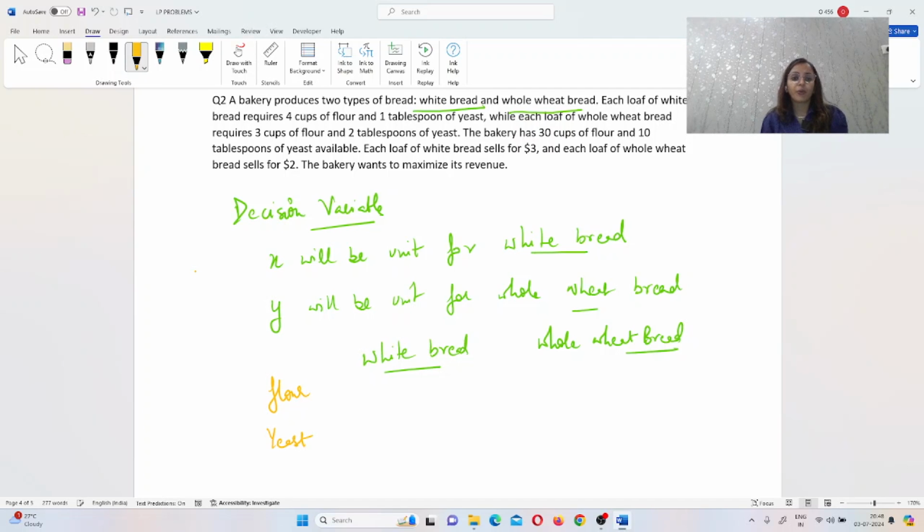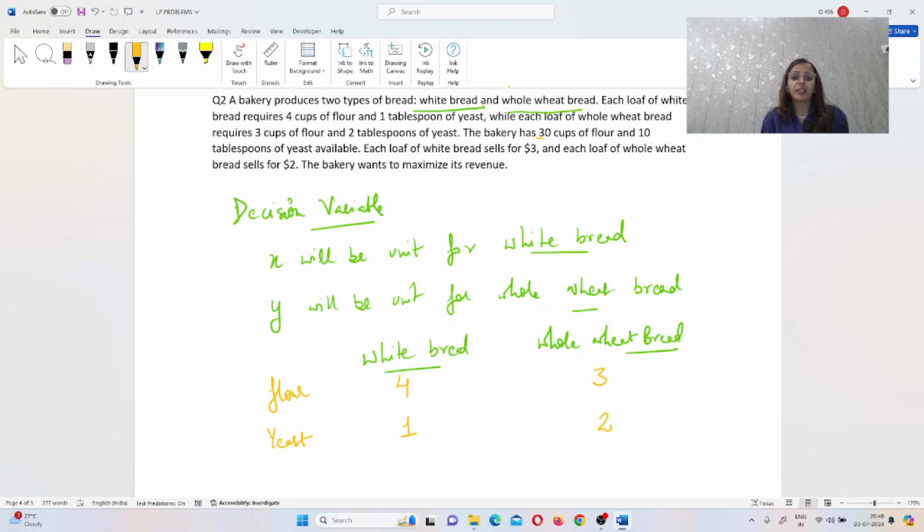How much flour do you require? You require 4 cups of flour for making the white bread. So write it over here as 4, and 1 tablespoon of yeast is required. So write it as 1. And each loaf of wheat bread requires 3 cups of flour, so write 3, and 2 tablespoons of yeast, so write it as 2.